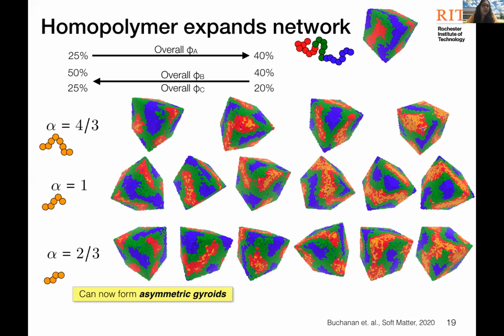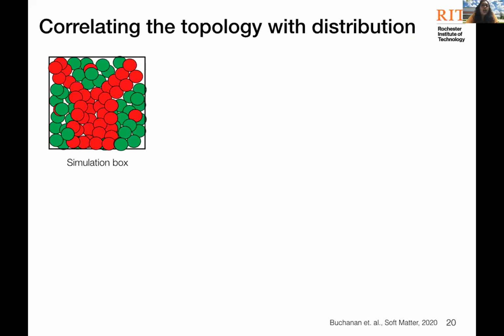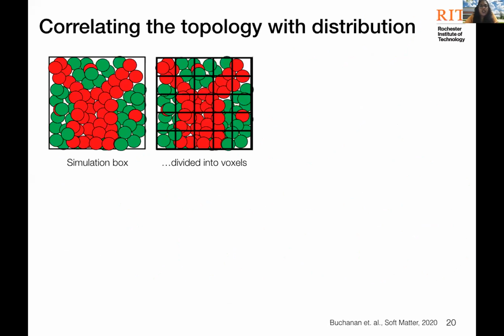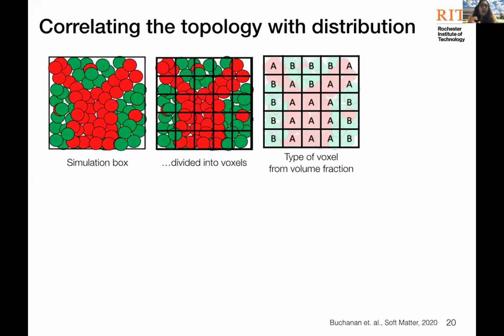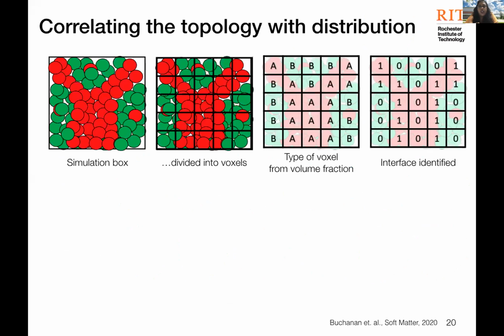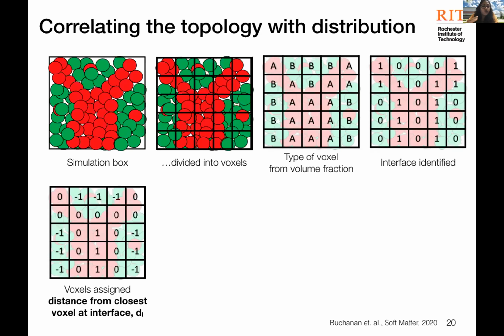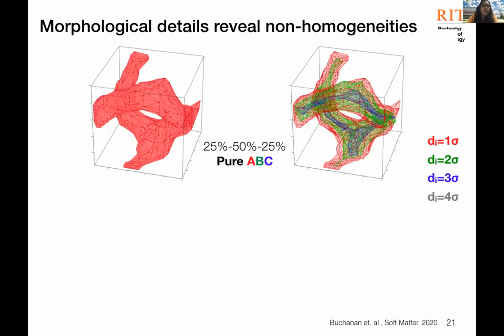And so now we went and characterized the topology by looking at our simulation, dividing it into voxels, and assigning a type to the voxel based on the volume fraction. And then, we can also characterize the topology quantitatively by saying how far a voxel is from the interface. And so we can do this, and we can plot isosurfaces.